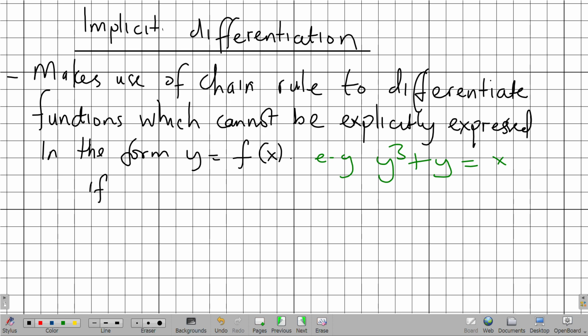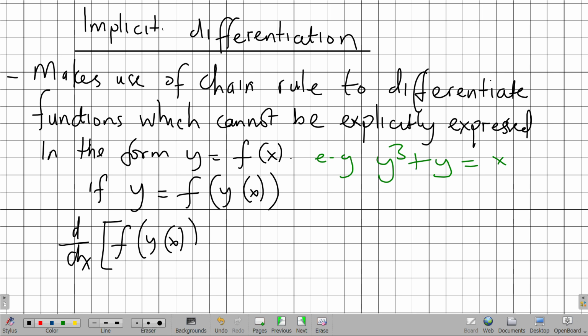So what we know is, if we've got a function y is equal to f of y of x, such as that function here, we can differentiate it by saying d over dx of f of y of x.